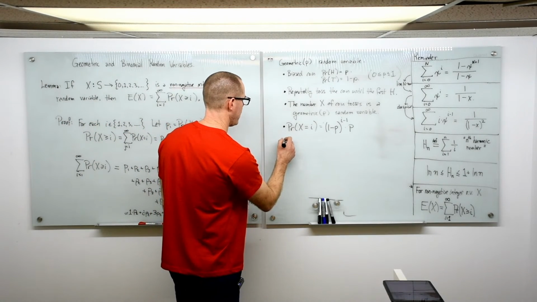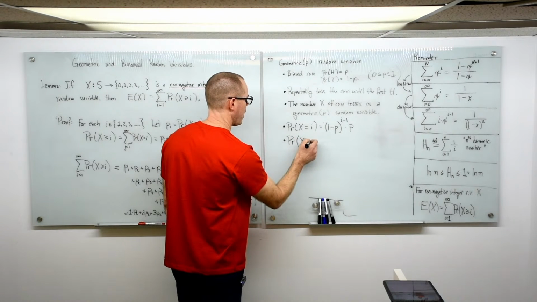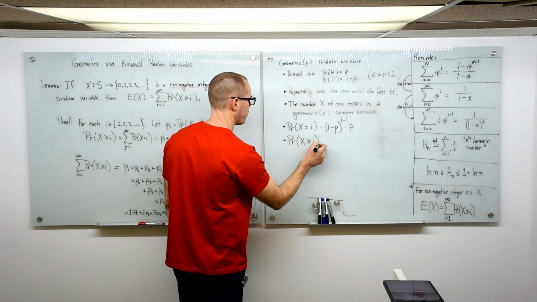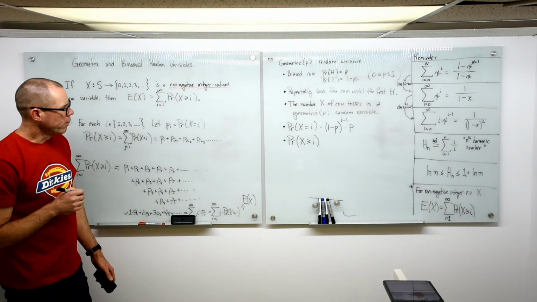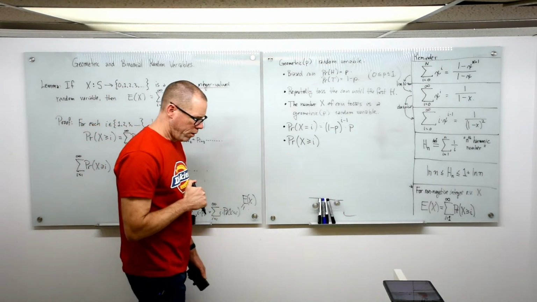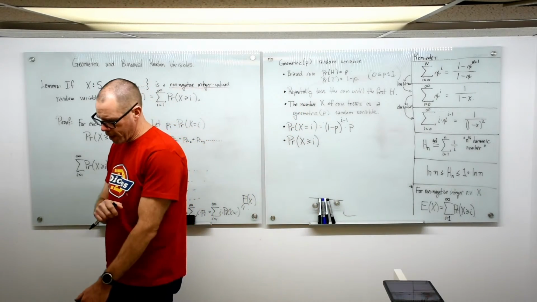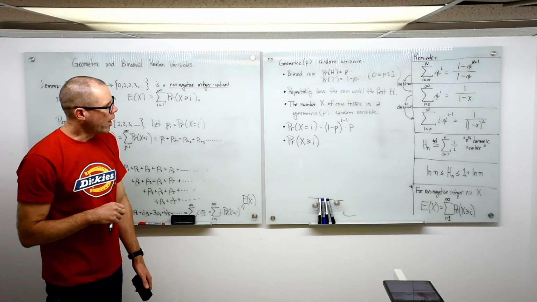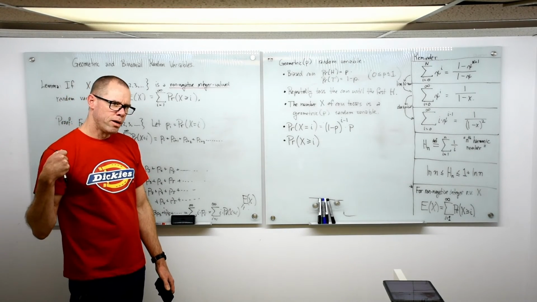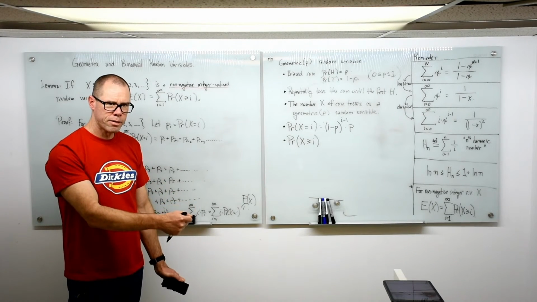Here's something else that actually makes computing the expected value easy. The probability that x is bigger than or equal to i. What's that equal to? So when is x bigger than or equal to i? Well, x is bigger than or equal to i when I toss the coin the first i-1 times, and it always comes up tails.